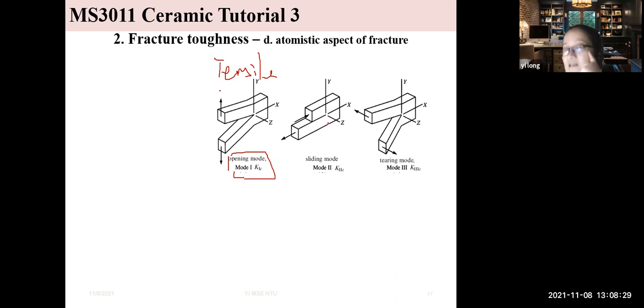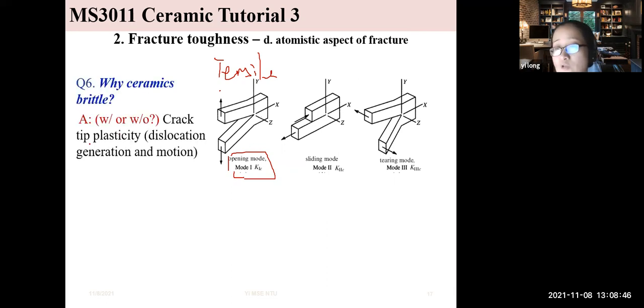Excellent, exactly. If it just simply opens up, you don't really have any sliding, shearing or tearing, because all these things help with dislocation generation and dislocation movement. And these two equal the crack tip plasticity.